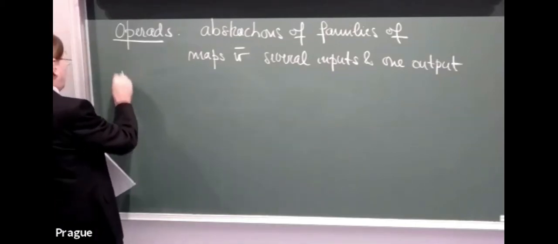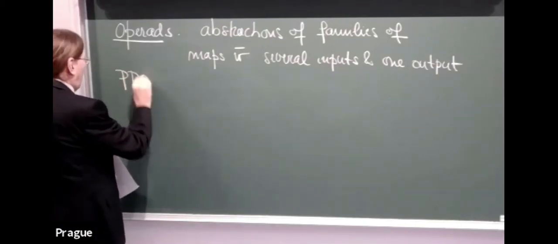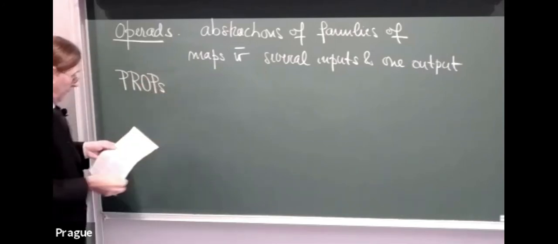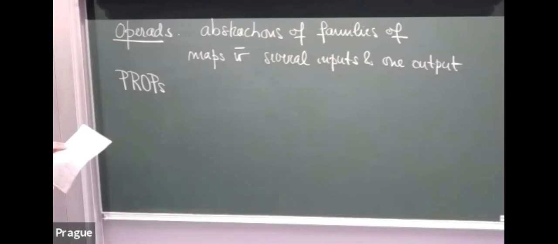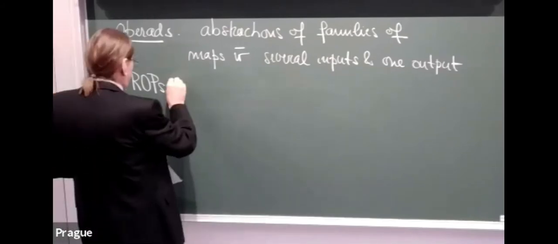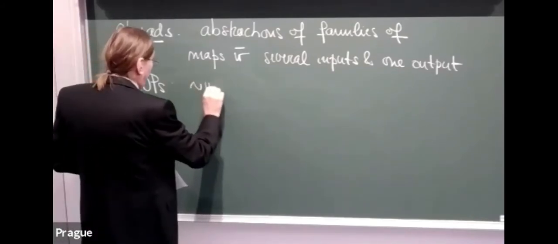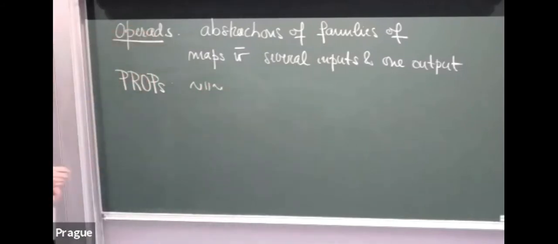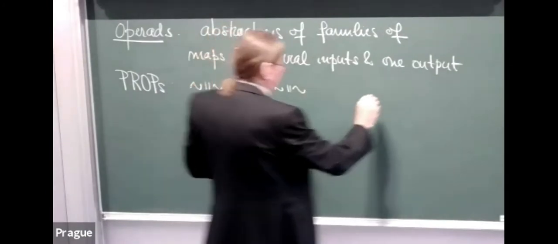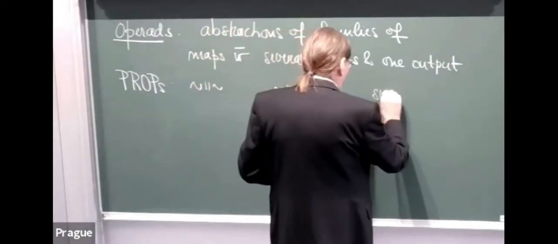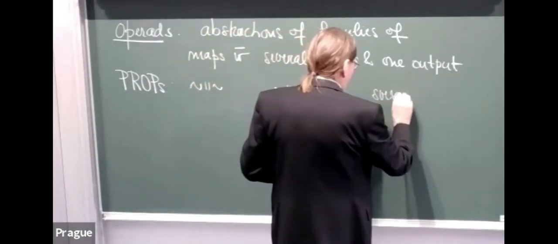And props, which is, by the way, an abbreviation for product and permutation category, may be thought of as abstractions of families of maps with several inputs and several outputs.